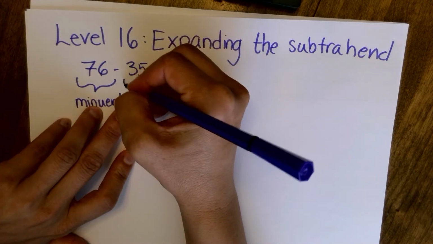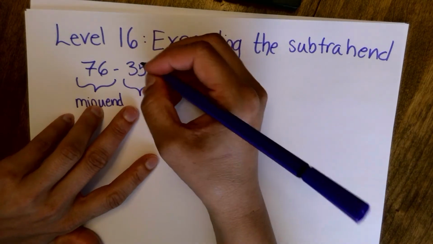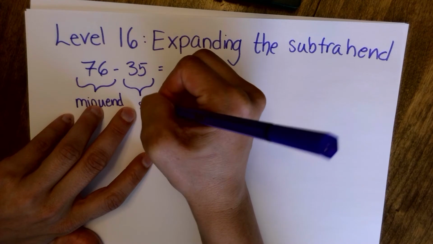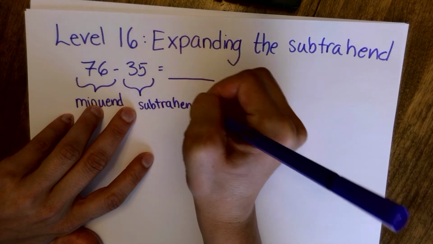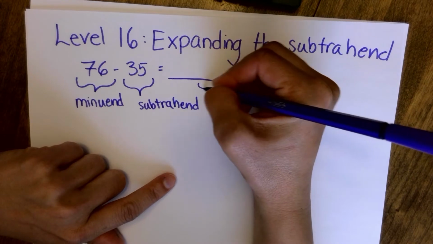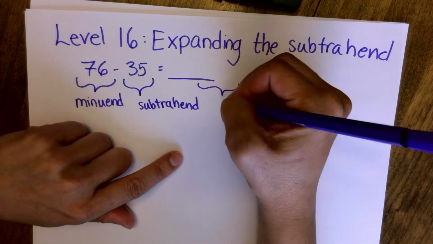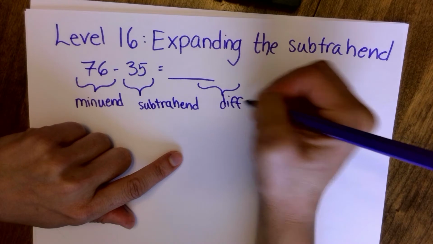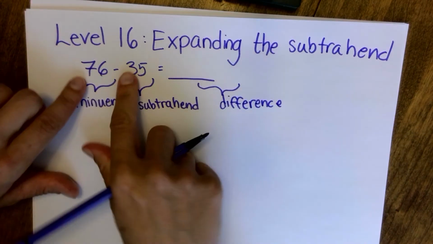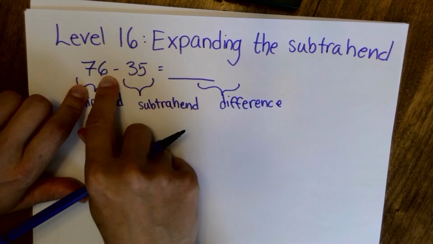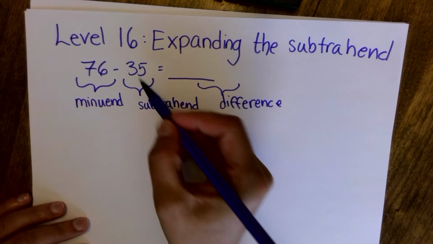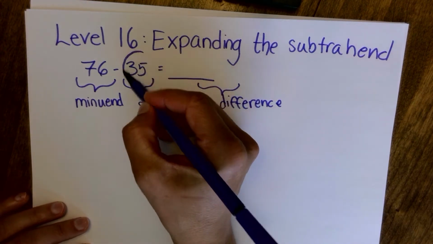And the smaller number in this case, and in a lot of the cases, is called the subtrahend, which means that this number that we're trying to find out is called the difference. We're finding out the difference between these two numbers here. So when we talk about expanding the subtrahend, we're talking about this number here.